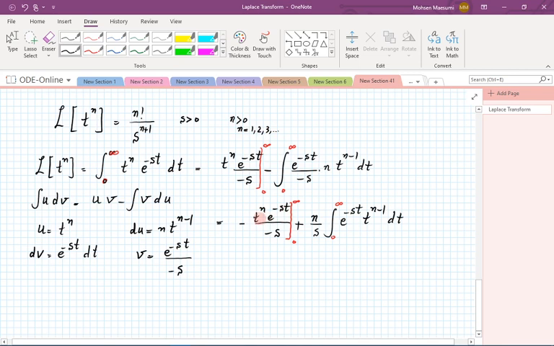Well, here a positive exponent times an exponential at infinity is going to tend to 0, because the exponential is going to drag this expression to 0.